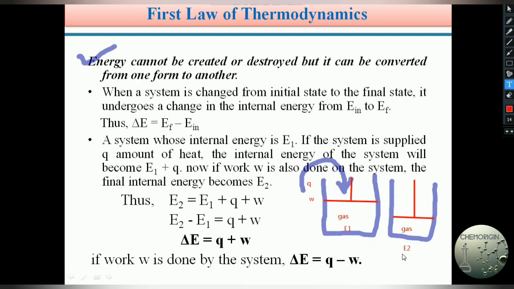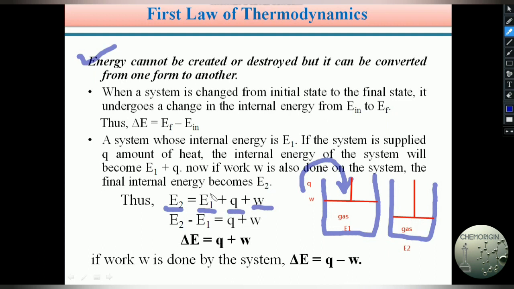Therefore the new internal energy E2 becomes E1 plus Q plus W. So the final internal energy E2 equals E1 plus Q plus W.